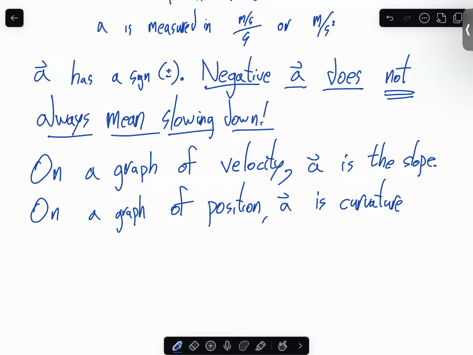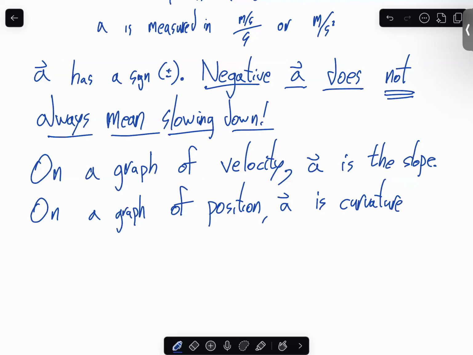What's the formula for curvature, anyone? That's right. For you, there is no formula for acceleration. I will never give you a graph of position and ask you to calculate the acceleration directly. Merry Christmas. You need calculus for that, and this is not a calc-based class. If you've taken calculus and wish to know, see me for office hours. With calculus, it's not hard, but without calculus, it's impossible.